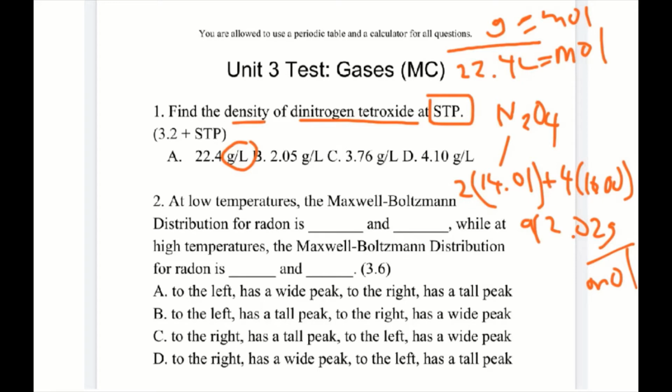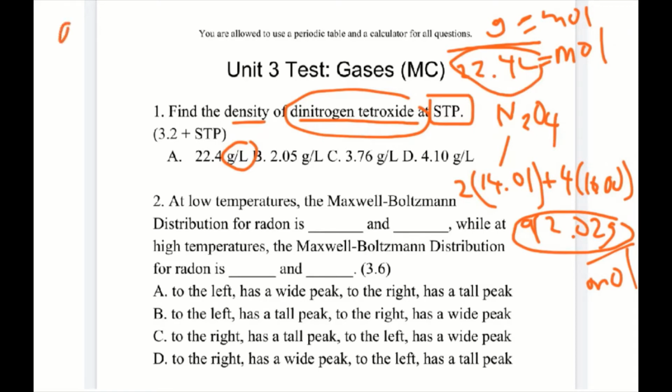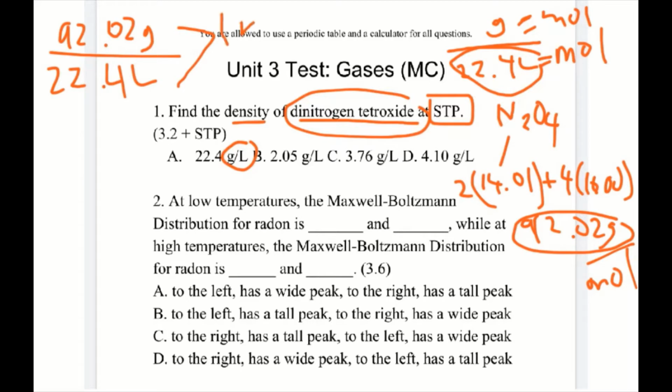Now, in 1 mole of dinitrogen tetroxide, there are 92.02 grams and 22.4 liters. Notice how this can be written as a ratio. So we can say for every 92.02 grams of dinitrogen tetroxide, there is 22.4 liters, since this is the amounts in 1 mole.